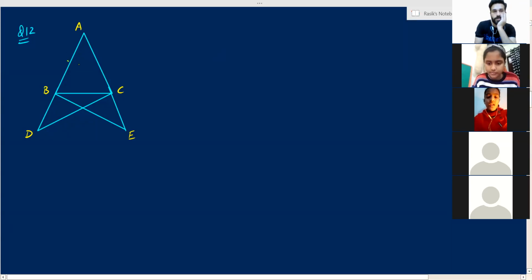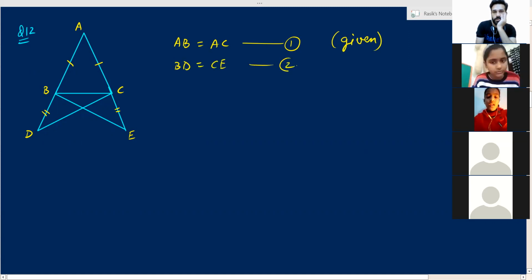So in this question, it is given that AB is equal to AC and BD is equal to CE. So here, the length AB is equal to AC. First of all, mark this as equation 1. This is given in the question. BD is equal to CE, equation 2, again given. If we add both the equations, adding 1 and 2, when we add equations, we add the LHS of both the equations.